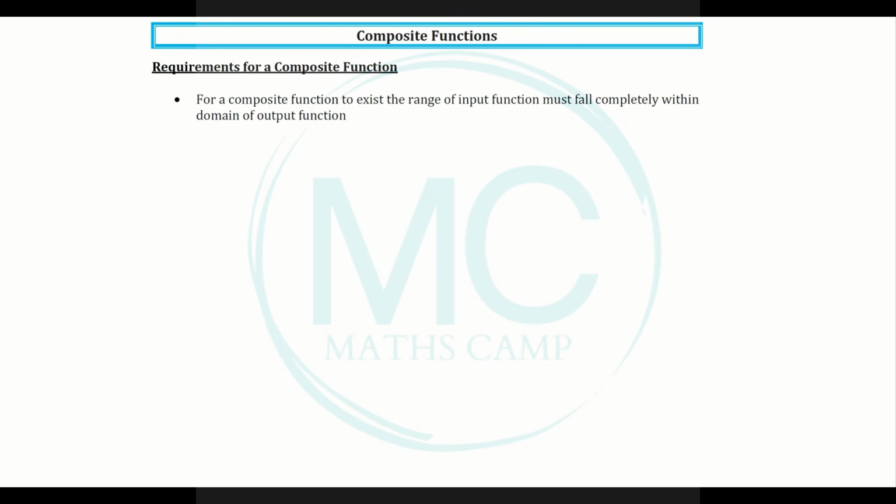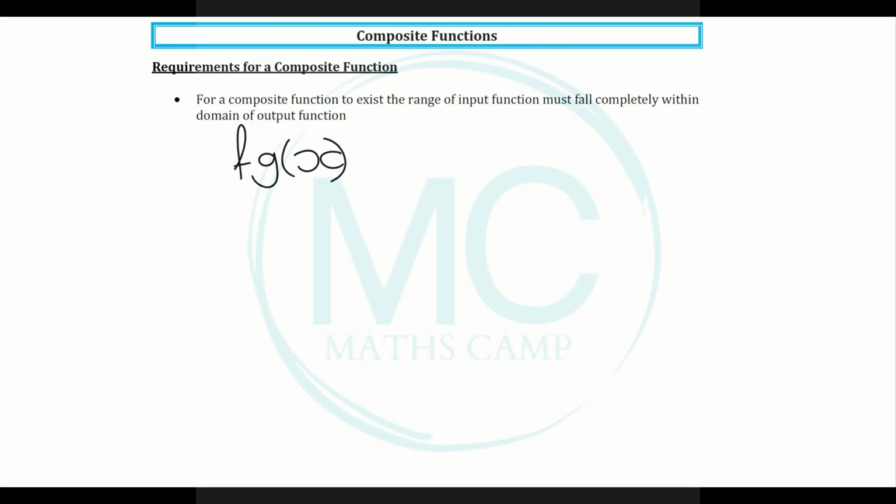So if we have the composite function f g of x, g of x is the input value and f of x is the output value. For the composite function f g of x to exist, the possible values of x in f of x must include the possible values of y for g of x.